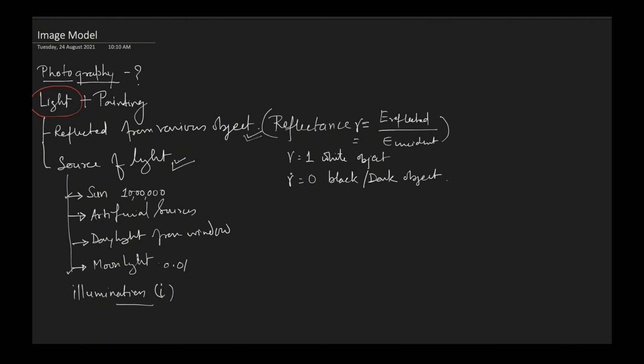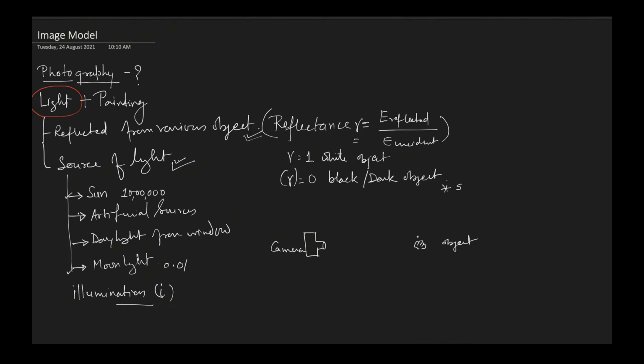So I have got two parameters, amount of light available and amount of light reflected. So for example, if you have a camera system, this is my block camera and this is an object which I want to image. And here is the source of light.